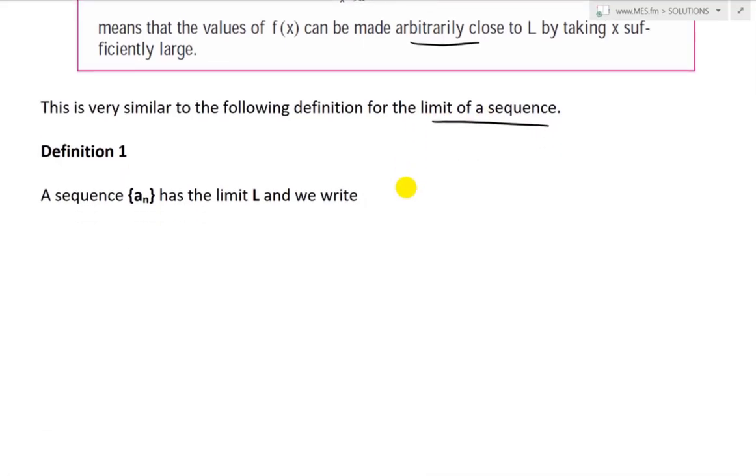Definition 1: a sequence a_n has the limit L, and we write limit as n approaches infinity of a_n equals L, or a_n approaches L as n approaches infinity.